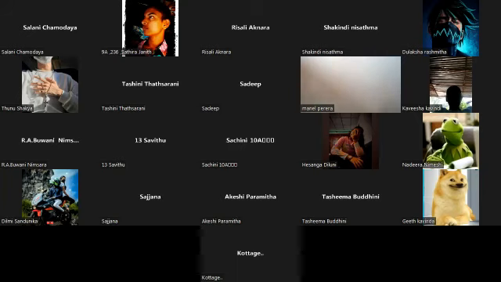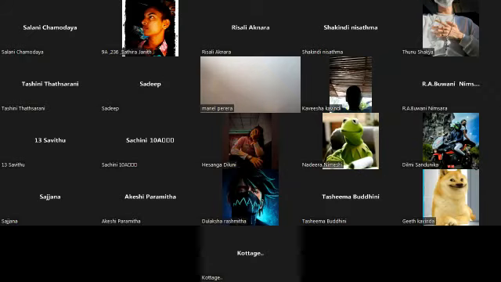Dulaksha, can you show me your book? You have to write the paragraph. You have to write all the questions, not only the answers. Sadeep, can you show me your book?